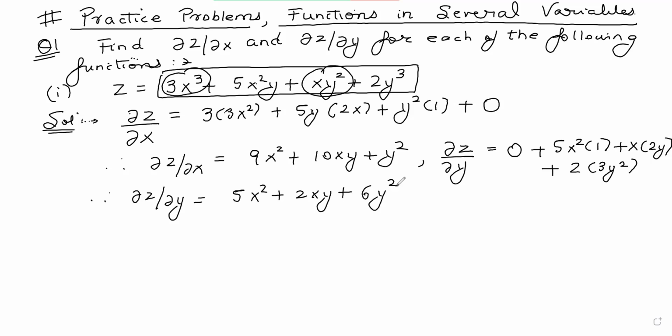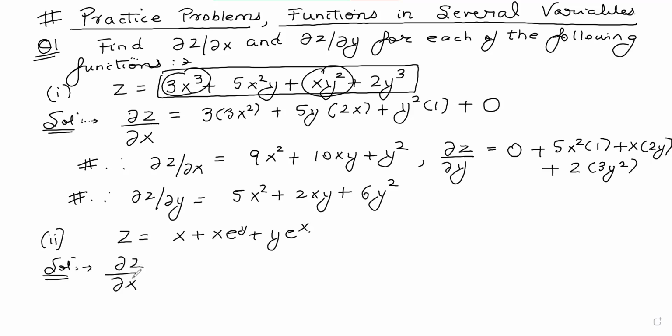This is the complete answer for part 1. I have found del z by del x and del z by del y. Let's look at the second part. We are given that z is equal to x plus x e to the power y plus y e to the power x. Let's first find del z by del x, treating y as a constant.